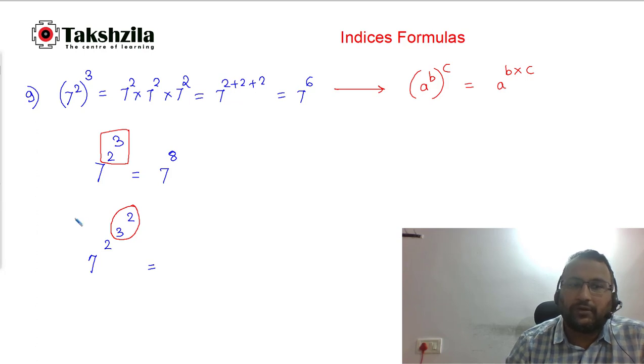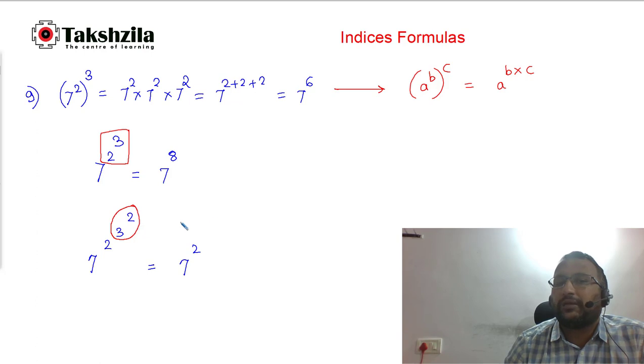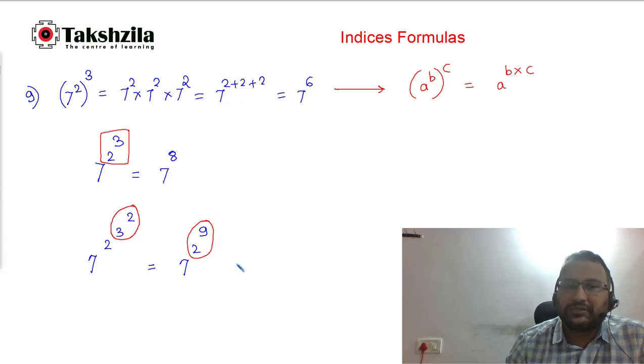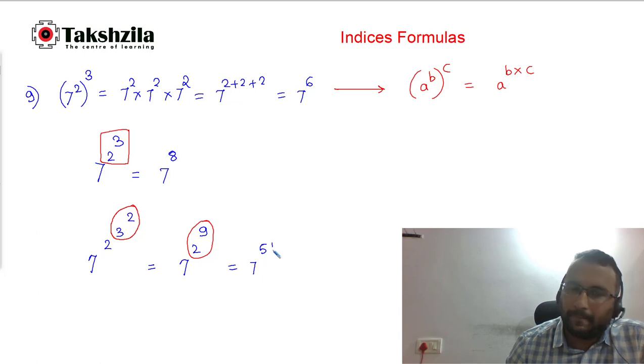So this is nothing but 7 to the power 2 to the power 9, and now 2 to the power 9 is equal to 512. So we replace this with 512.